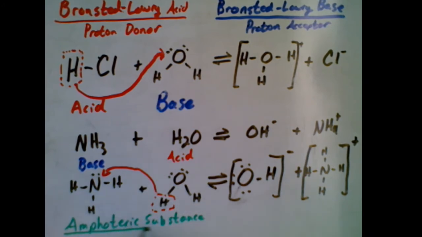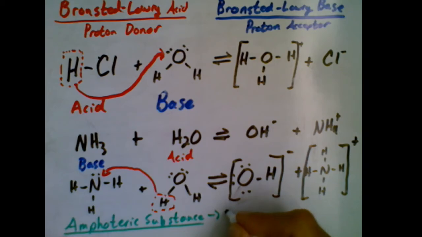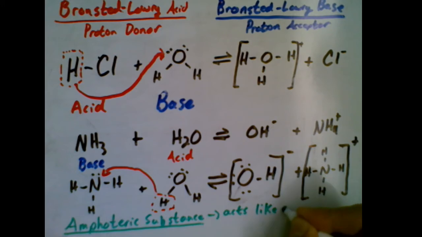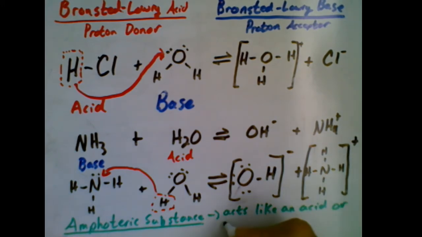Because Bronsted-Lowry acids and bases are donating and accepting protons, certain substances can do both. So an amphoteric substance is a substance that acts like an acid or base depending on what it's mixed with.